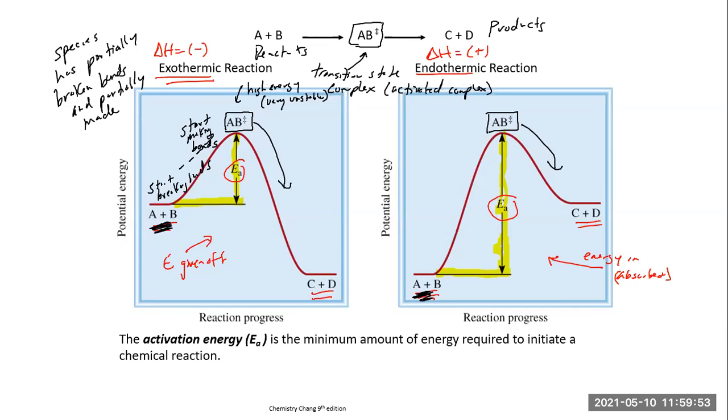Again, you can just see the barrier to get to the other side is much larger than the hill on the left. So there is a direct relationship or correlation to how big that activation energy is to how fast a reaction can occur. And again, the bigger that hill, it's going to just take longer to get up and over to the other side. It's going to require more energy to get up and over.